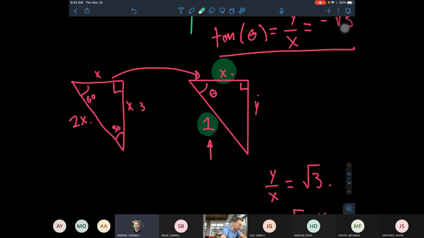If this side length is 1, what should the length of x be? Yeah, 1/2. And then y should be equal to that number times the square root of 3.